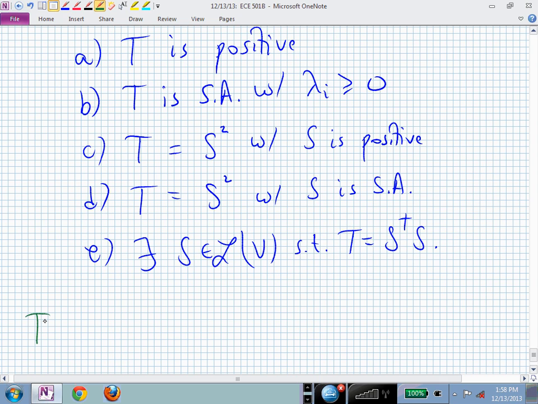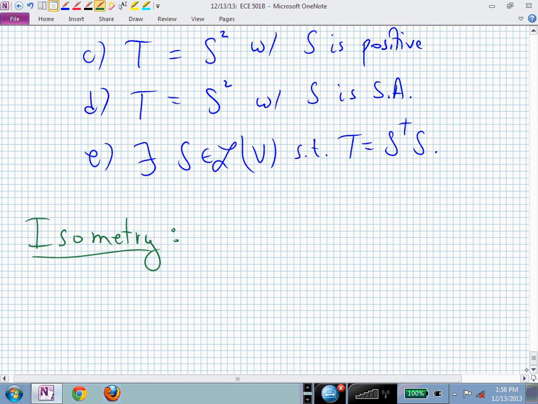Then we talked about, or learned about, an isometry. Isometries preserve norms, meaning the norm of Sv is equal to the norm of v. We're not expanding or contracting the norm relationship. And that's true for all v in your vector space, capital V.